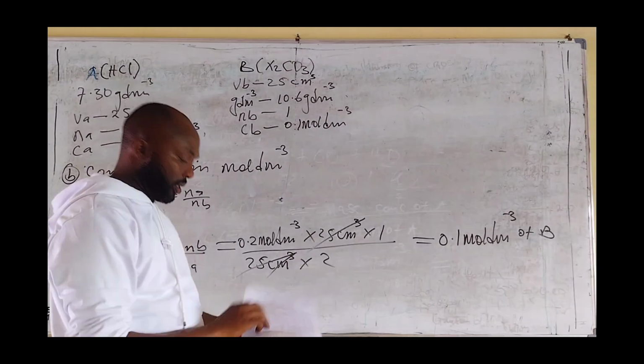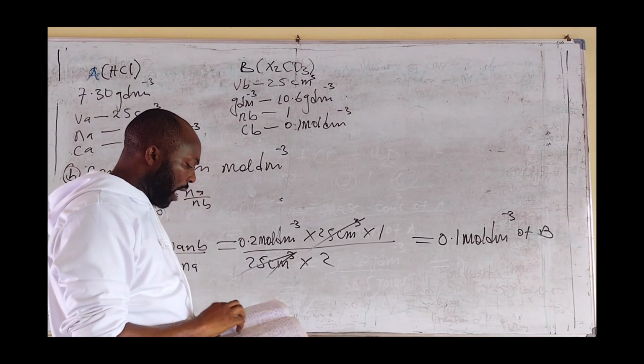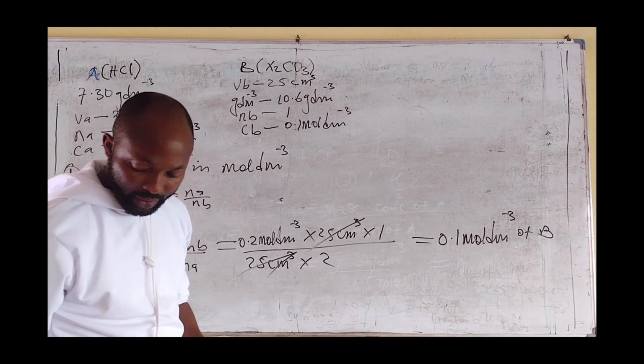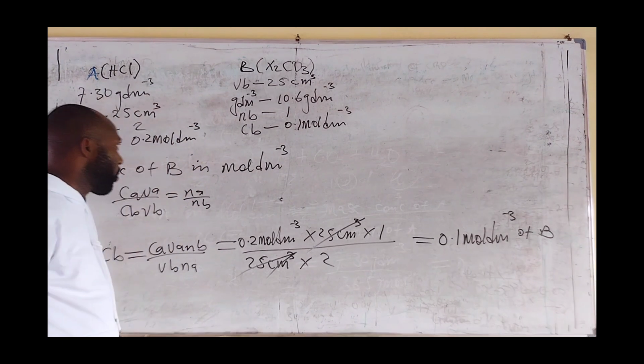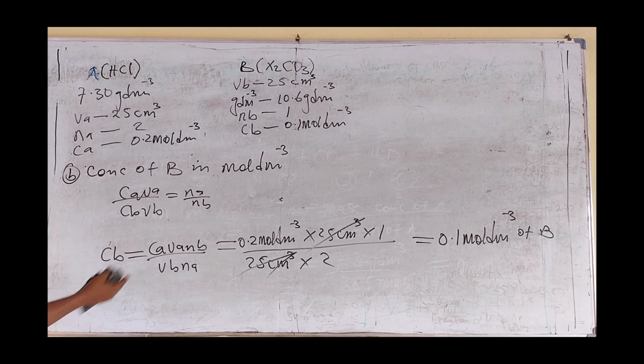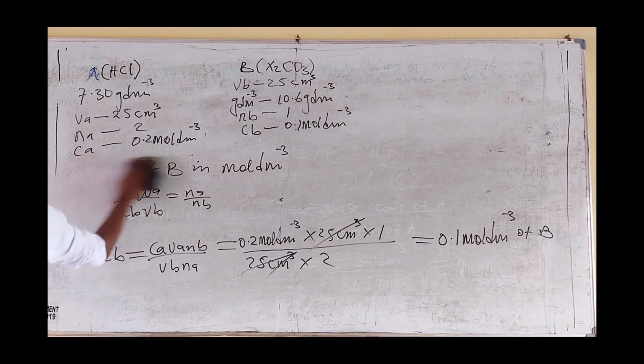What's next on the list? Molar mass of X2CO3. So we can now get our molar mass of the base. So let me print this.